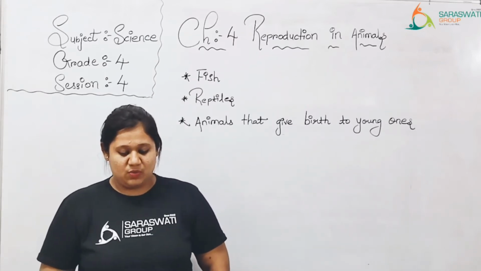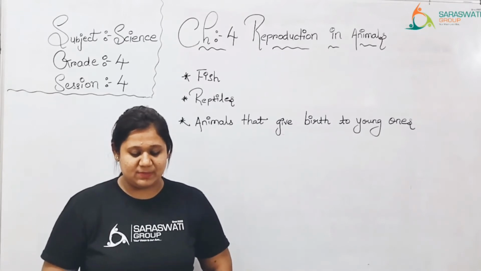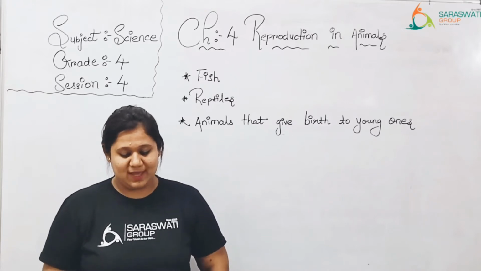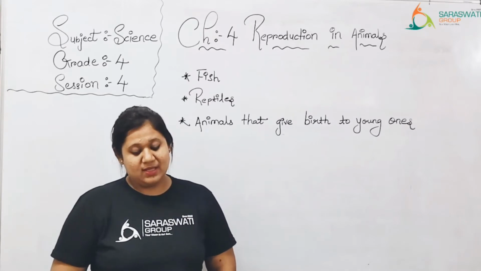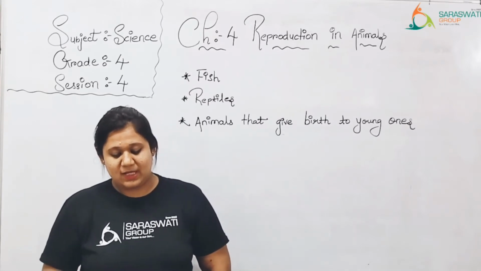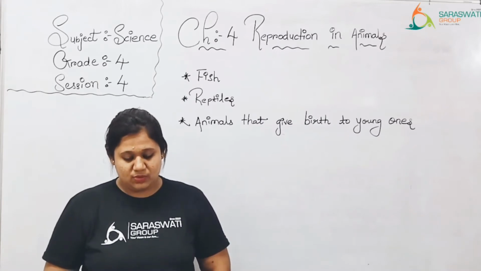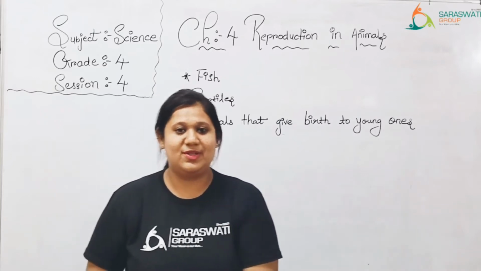The embryo goes through various stages and when the chick is fully developed, it breaks the eggshell and comes out of the egg. This process is called hatching. The parent birds feed their babies till they are strong enough to look after themselves. Okay, so these are the parts of a bird's egg.